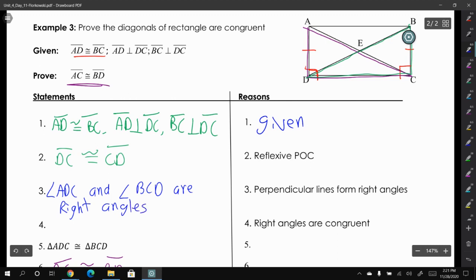And we know that because we had those perpendicular lines that form those right angles. So we kind of did statement number 3 when we marked up our picture. And the reason why we were able to mark those angles as 90-degree angles is because we were told that we had some perpendicular lines up here.